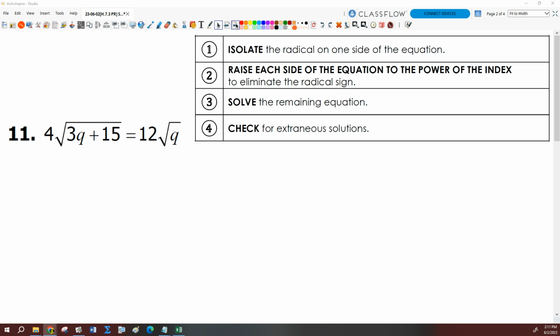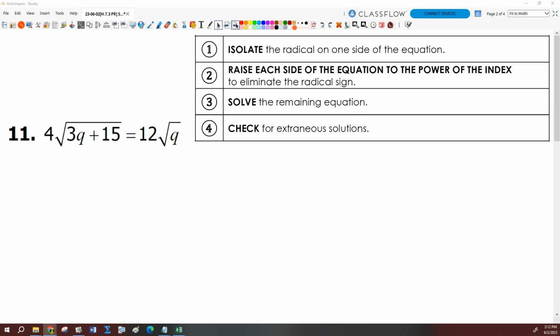Okay, what about this one? This is a little bit different. What's obviously different about this one? Yeah, I've got square roots on both sides, and both of them have a variable in them. So what does your intuition tell you I should probably try to do? It's a similar strategy. Good.